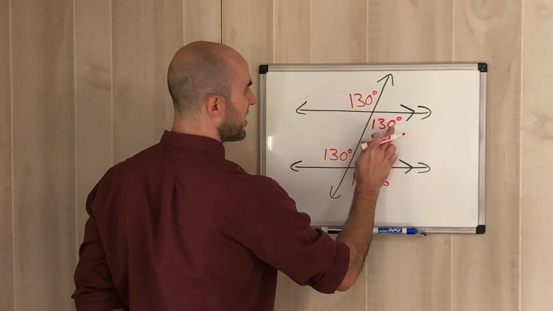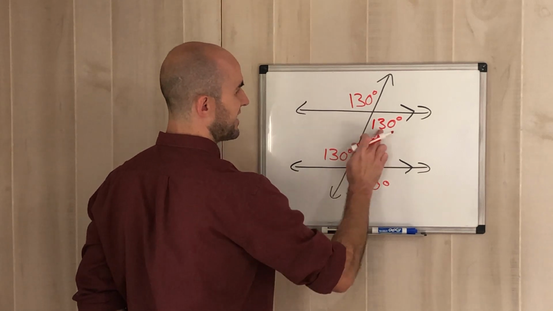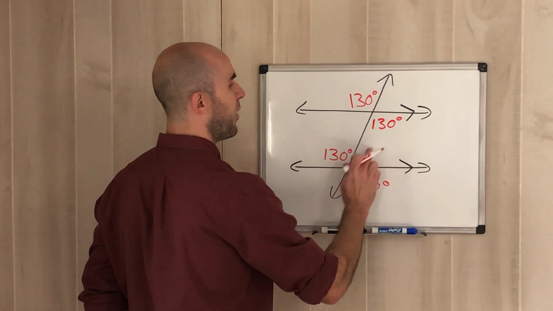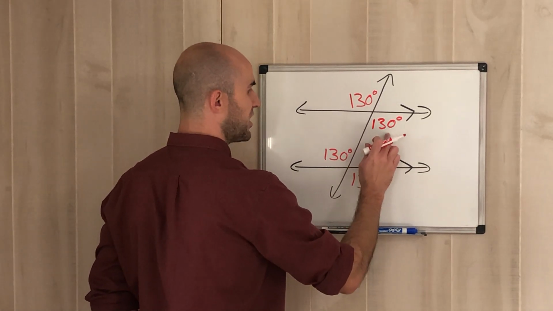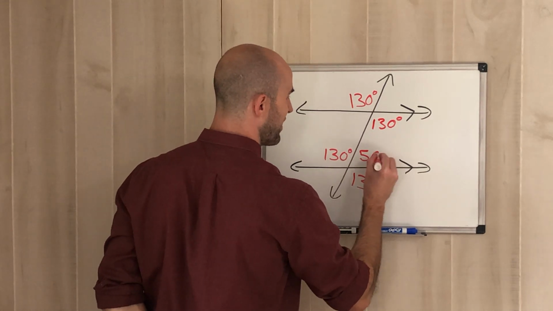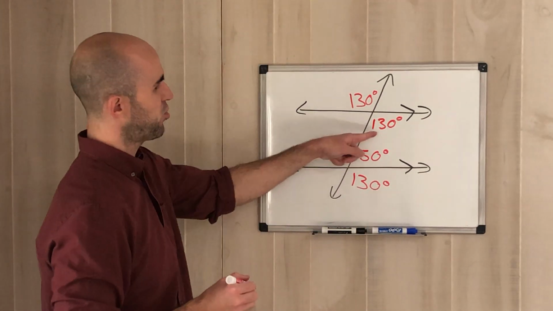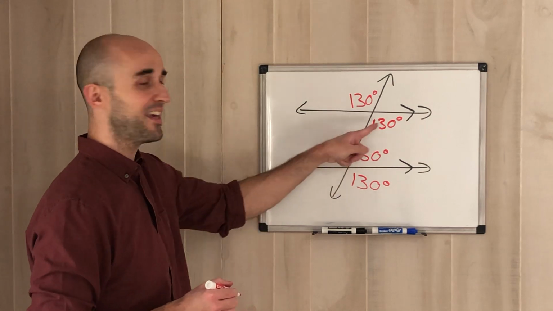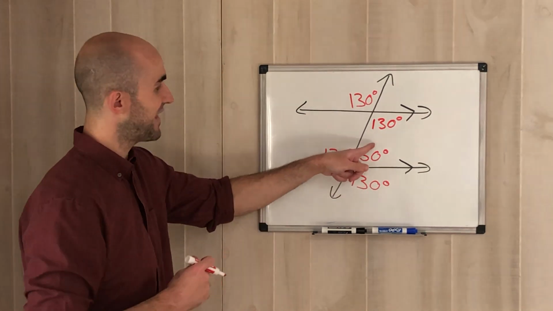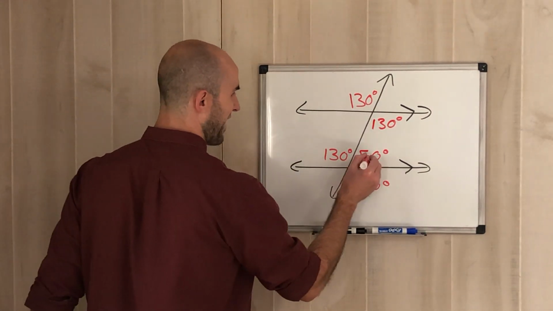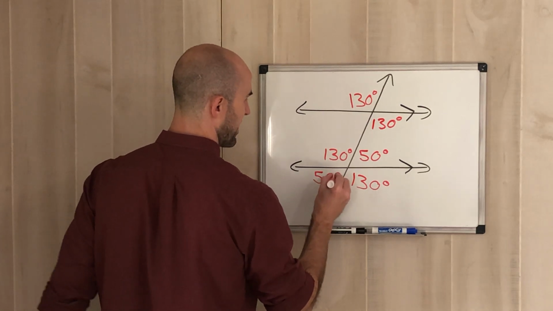Now you can use the idea of supplementary angles. This one and this one are same side interior, so they have to add up to 180. So if that's 130, this has to be 50, because 50 plus 130 adds up to 180. Now that we have that's 50, this is 50 because they're vertical.